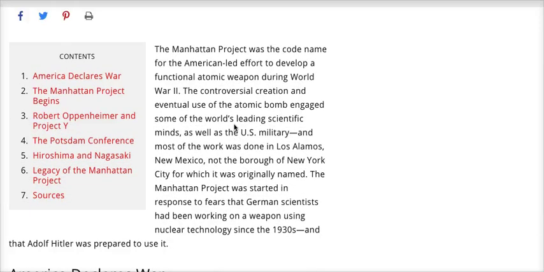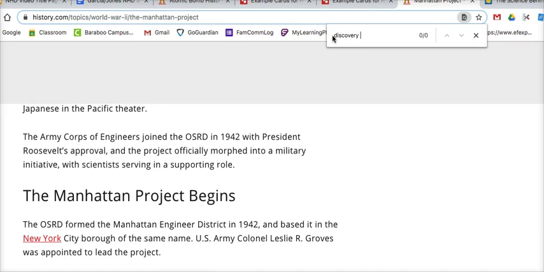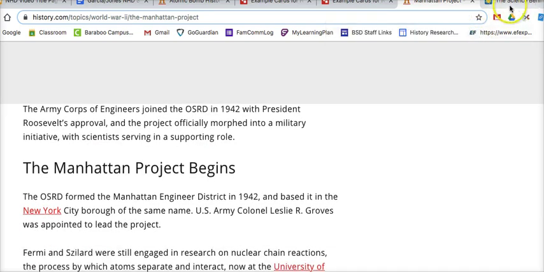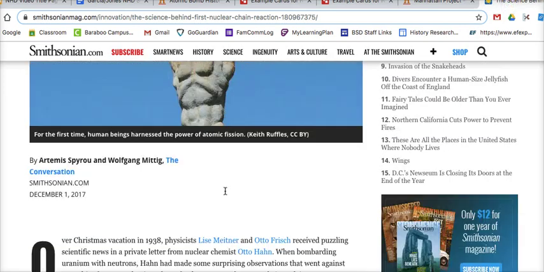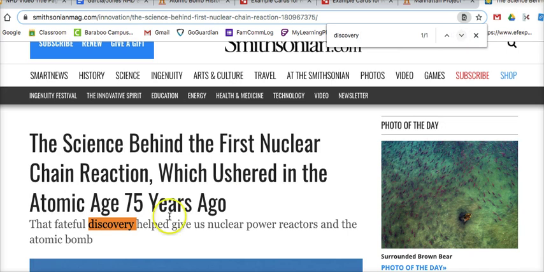The other thing that you can do is you can always go into a source and search within that source for certain words. So if you're looking for information about the discovery of uranium, maybe I'll go in here and I'll do a search for that. Discovery, return. Okay, there's one. Where is it? Okay, it's in there.